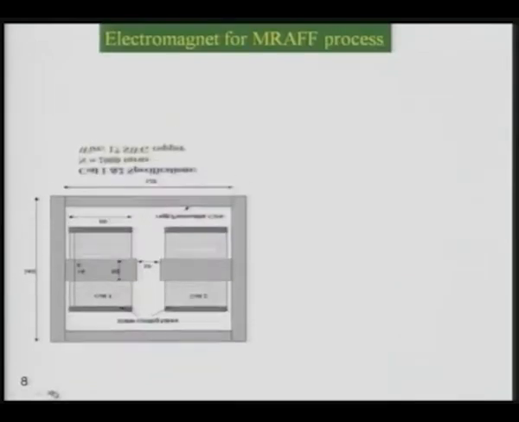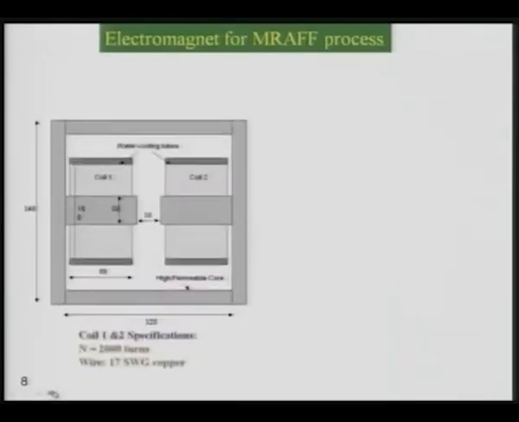Electromagnet creates the magnetic field surrounding the workpiece surface. In this particular process, you can see there are two coils, coil 1 and coil 2, and here is the magnetic material which generates the north pole and south pole, and in between this north pole and south pole there is a gap of 30 millimeter, and other dimensions are shown over there.